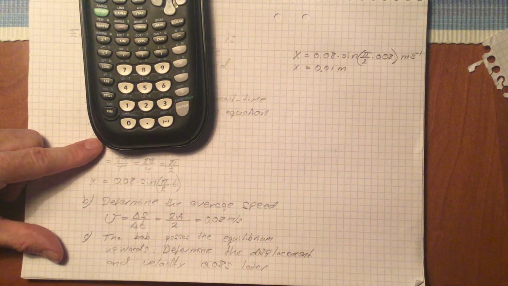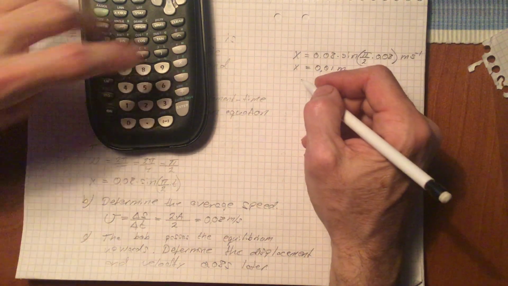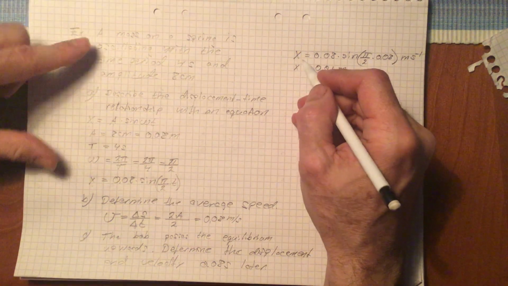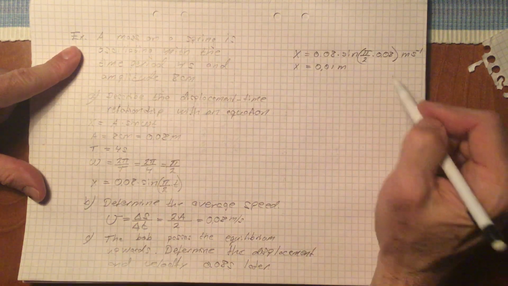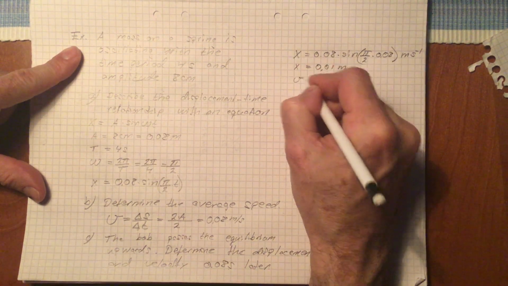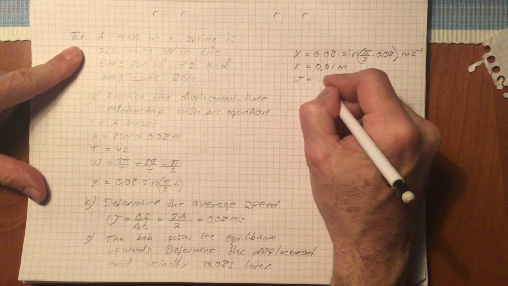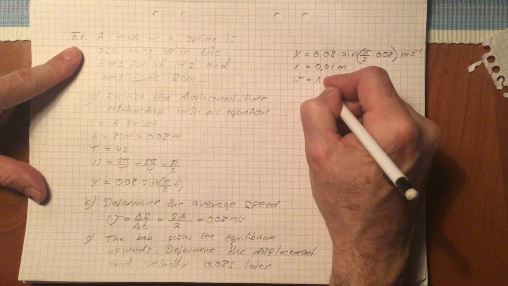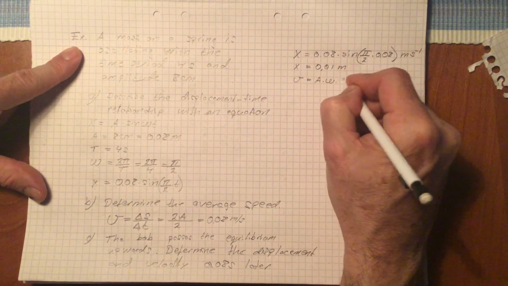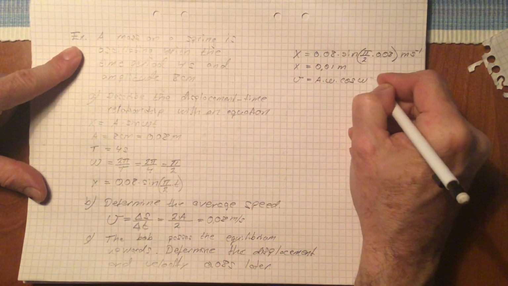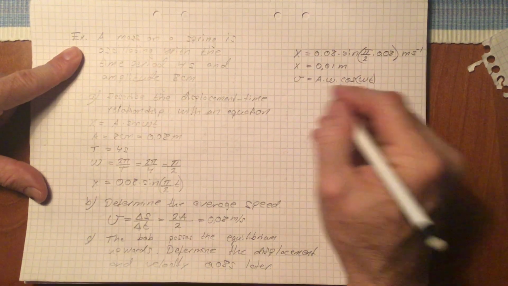The velocity. What is the velocity? Then we know to differentiate the function for this. So the velocity is, I write it down so we remember it, a times omega times cos of omega t, like this.